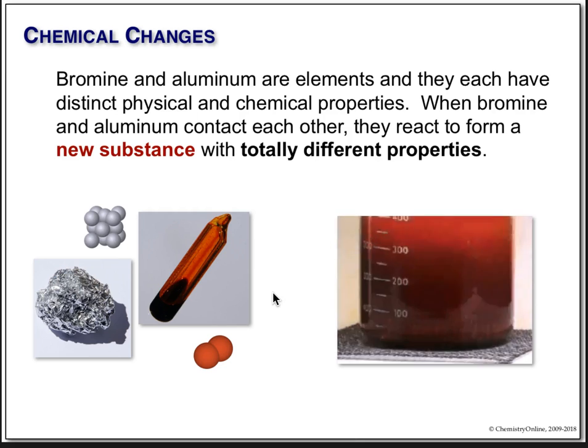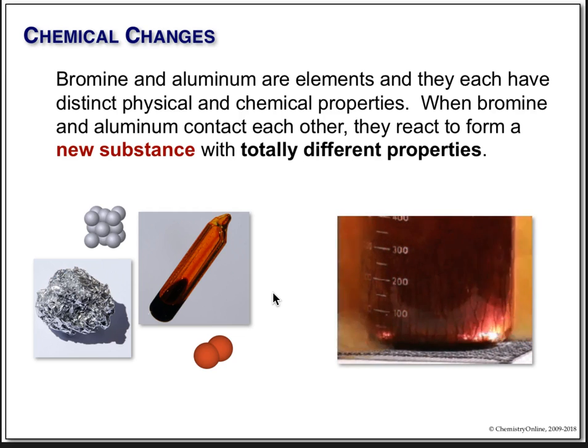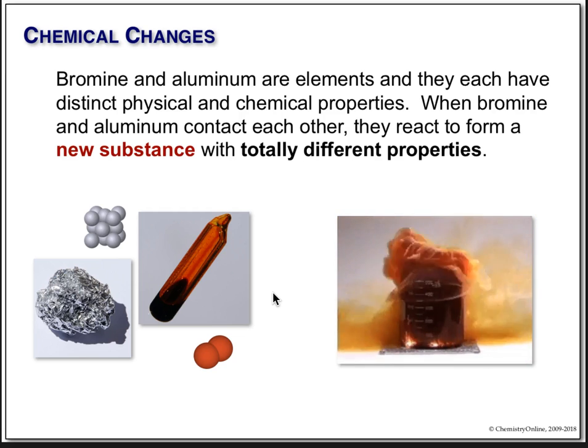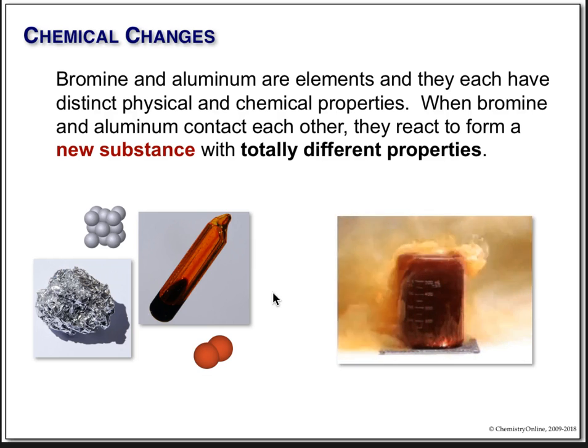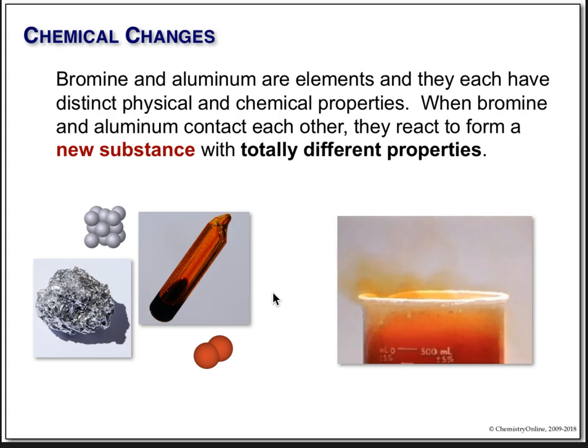Within a matter of seconds, you can clearly see that a chemical reaction is occurring. Light and heat are given off. Huge amounts of toxic bromine are escaping. And when you're done, we have a new substance. Around the top of the thing here, we have this white crystalline powder.